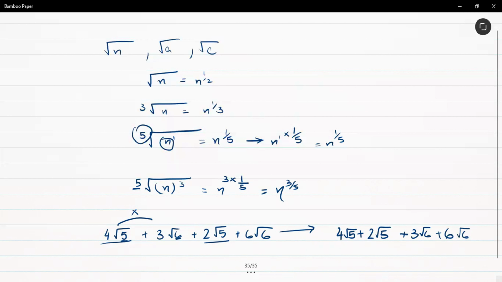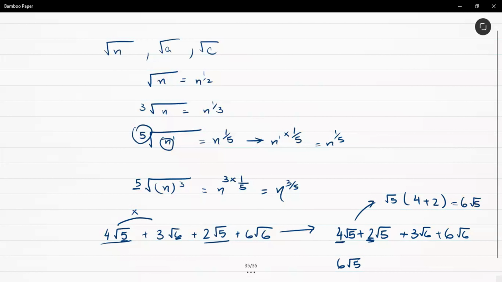Basically what you do now is just add up the integer values. So 4 plus 2 is equal to 6 under root 5. Basically what's happening here is we are taking this under root 5 as the common and then adding the values with it. So it's 4 plus 2 and that would give us 6 under root 5.